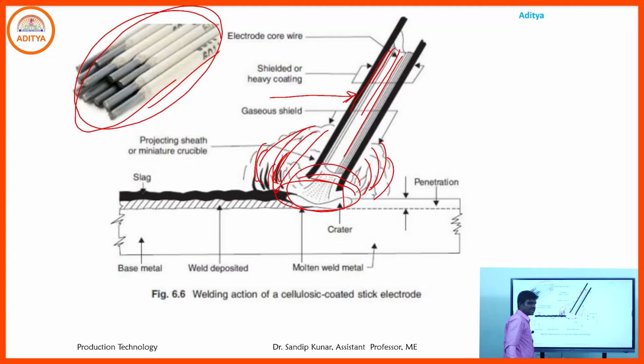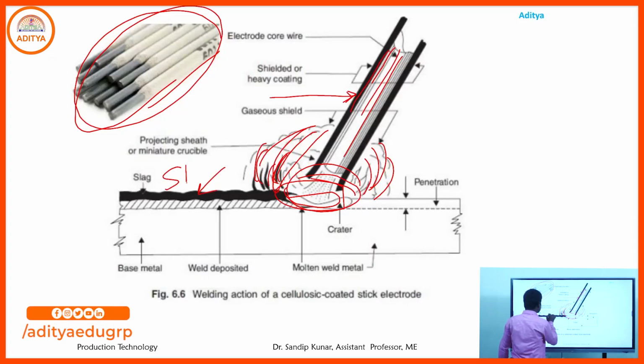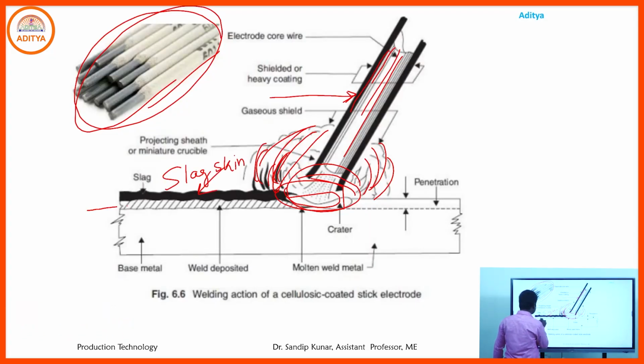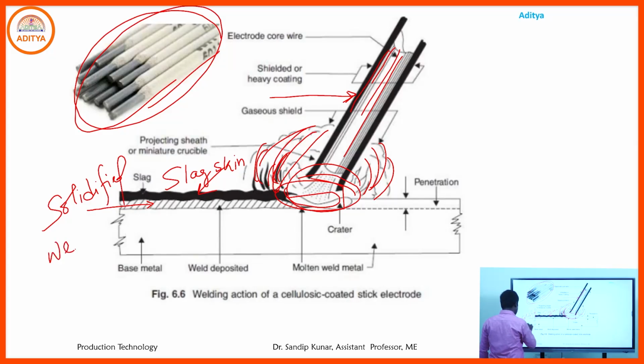That protection layer helps protect the weld zone from the formation of oxides. That is the slag layer, that is the slag skin, and that is the solidified weld surface.